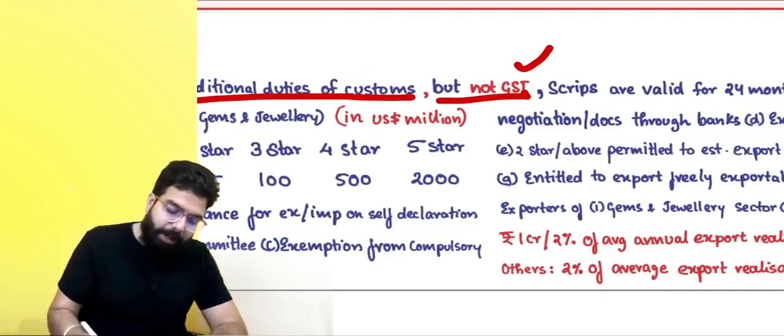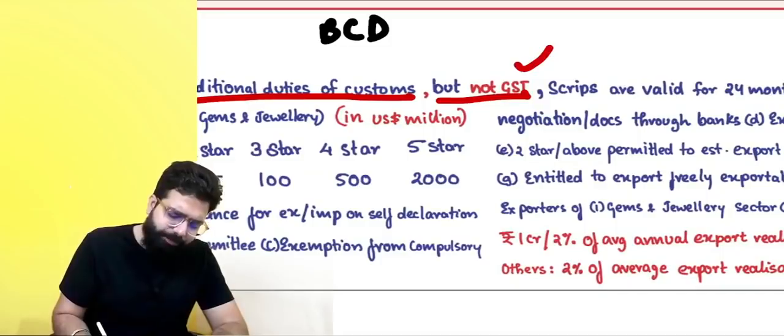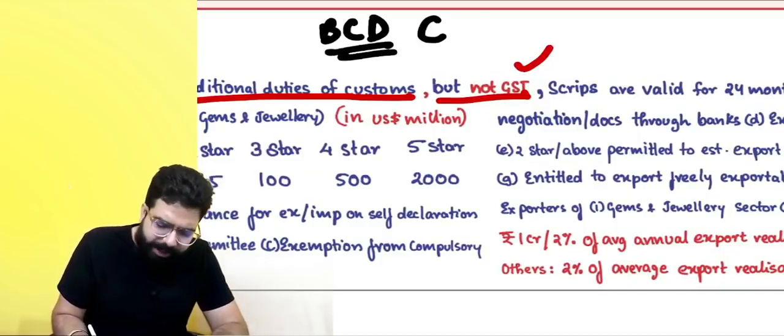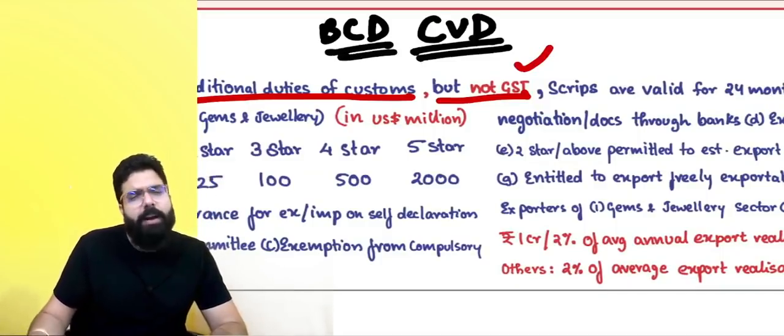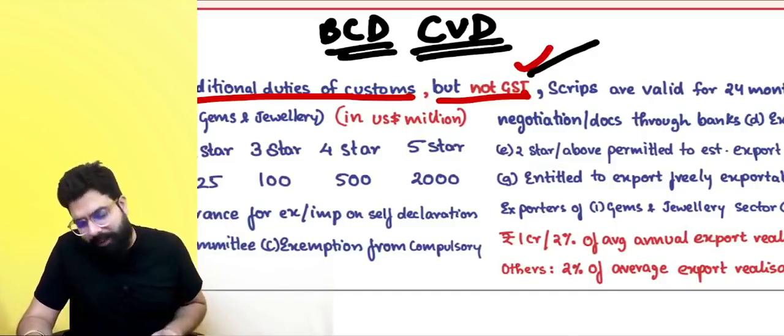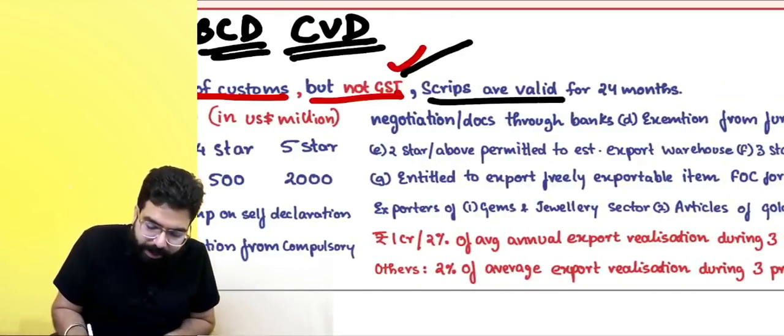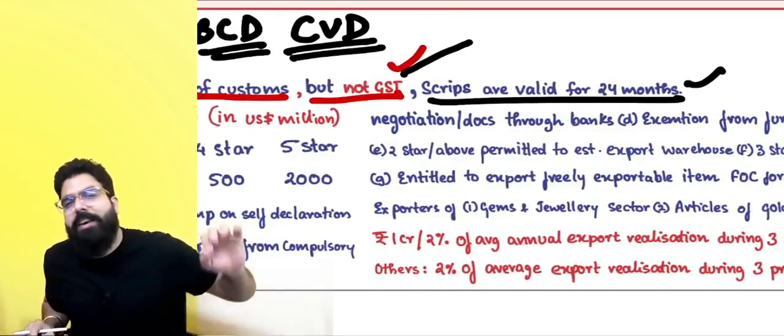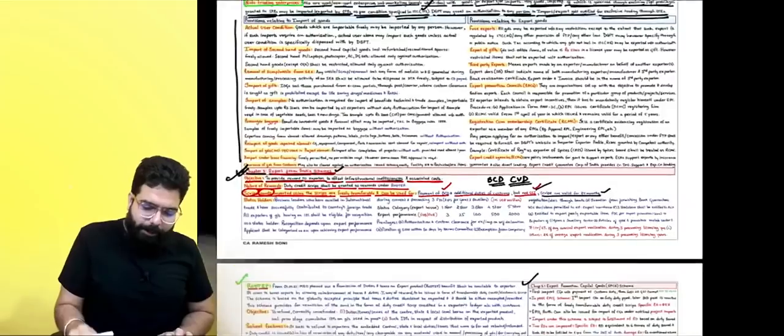Scripts can be used to pay basic customs duty, CVDs, all can be paid, but not GST, GST compensation cess, etc. can't be paid using the script. The scripts, the chocolates, are valid for how many months? 24 months. Okay, sir, point is clear.